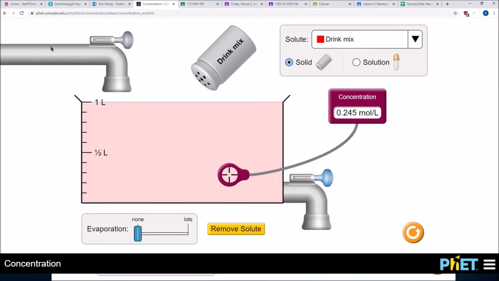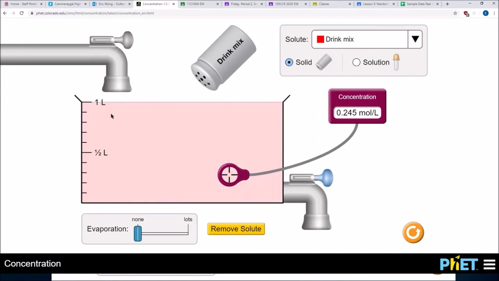So I still have the same amount of stuff being dissolved in the water, but my concentration does change because I now have a lot more liquid for this solute to move around.